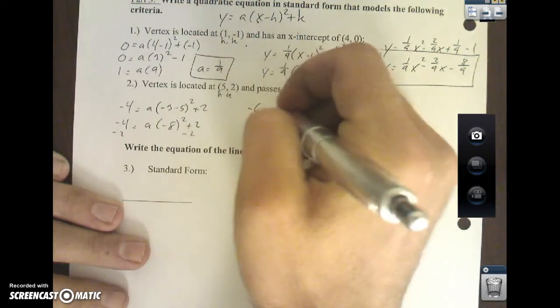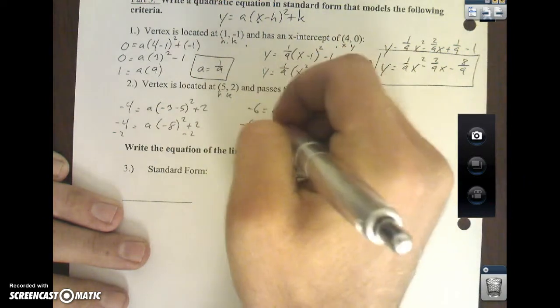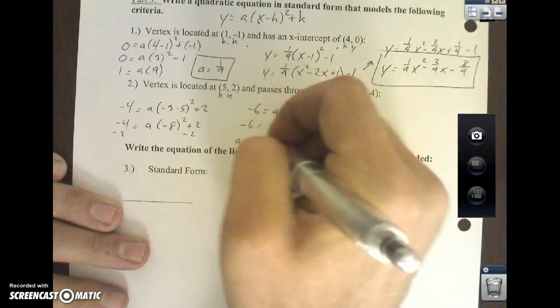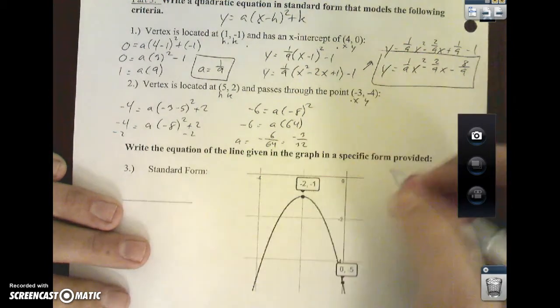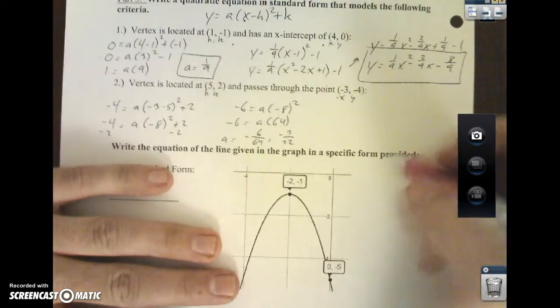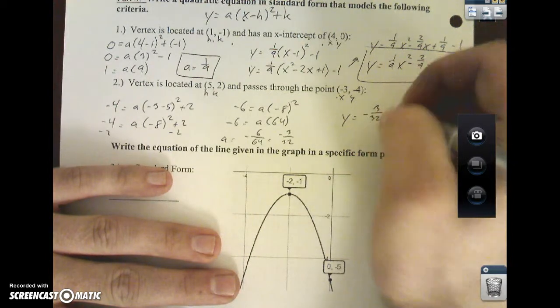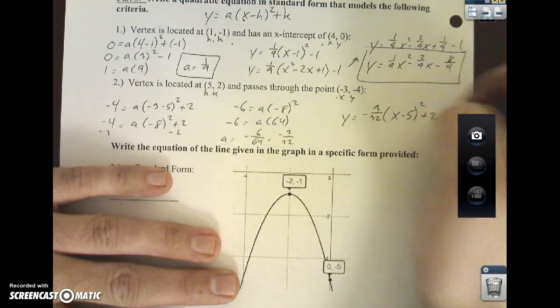I get -6 equals A times (-8) squared. -6 equals A times 64. Divide both sides: -6 over 64, or if I reduce that down, -3/32. Okay. When I plug this back in, Y equals -3/32 times (X minus 5) squared plus 2.